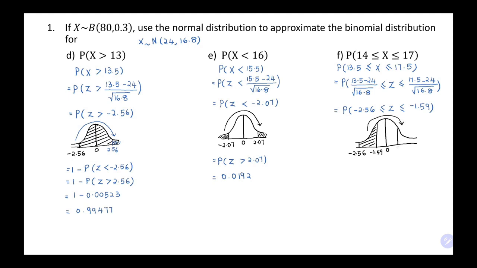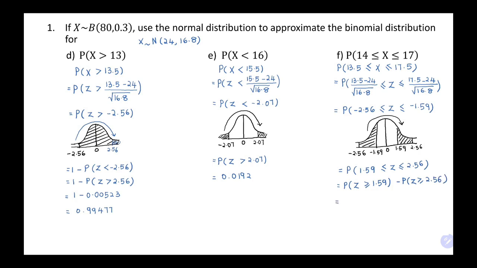So this one is 1.59 and this one 2.56. So we have area here. We change to 1.59 until 2.56. To find this area, we take P(Z) greater than or equal to 1.59. We minus P(Z) greater than or equal to 2.56.